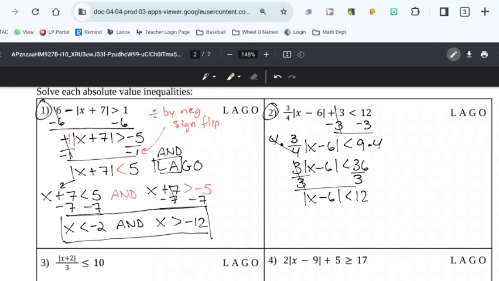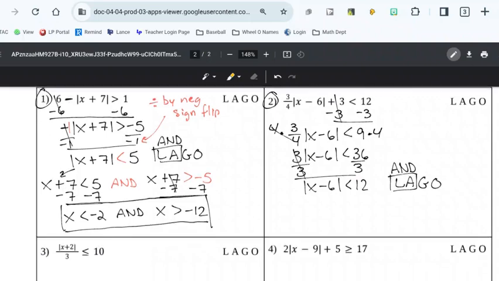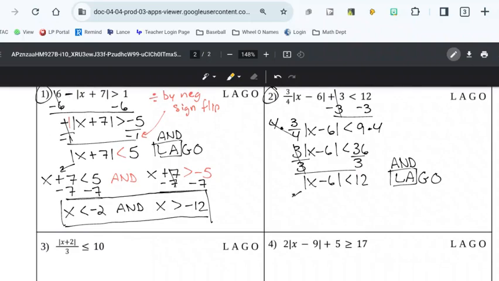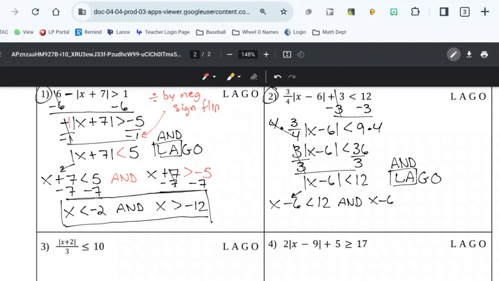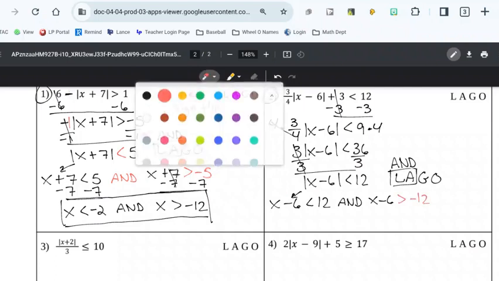Now the absolute value has been isolated, and we go Lago. It is a less than sign again, so it is another and problem. We split. X minus 6 is less than 12, and x minus 6 is, we need a sign flip, greater than negative 12.